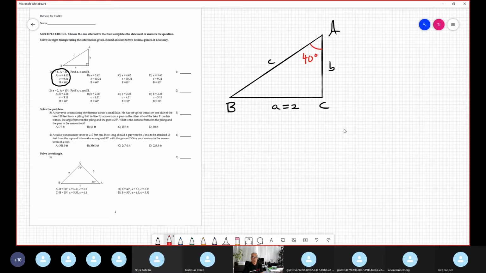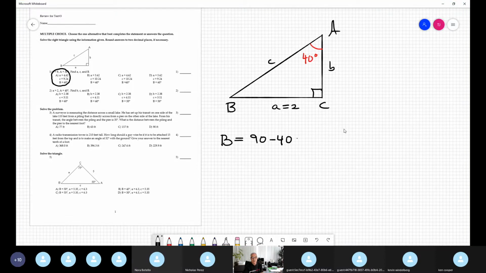I know very well that it's a 90 degree angle. Therefore, angle B is 90 degrees minus 40, which is 50 degrees.